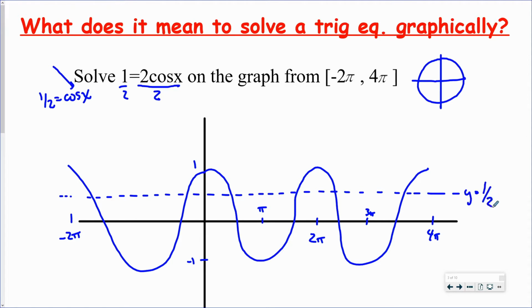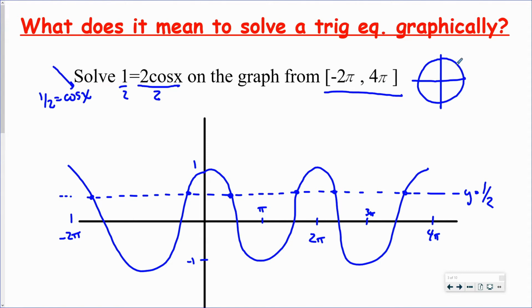As you can see, there's actually going to be an infinite number of solutions, right? It just depends on what the interval is. So there's a solution, there's a solution, there's a solution, there's another solution, so on and so forth. If you think about the unit circle, where is the cos value or the x value equal to 1/2? Well, it's not pi over 6, because at pi over 6, it's square root 3 over 2.